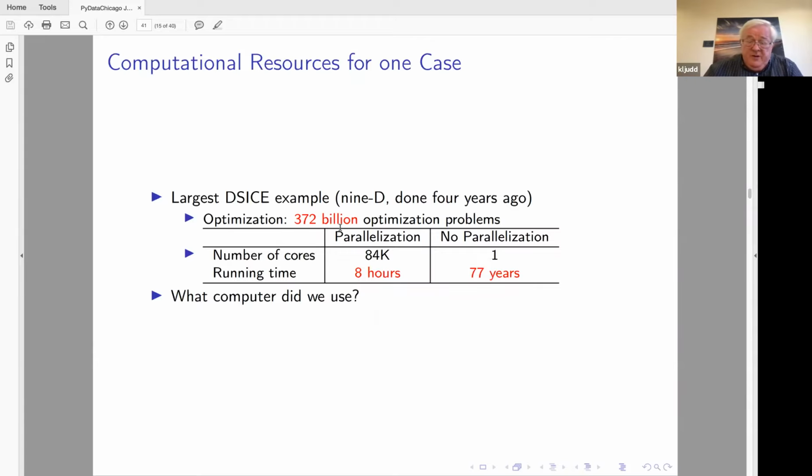We solved it with parallelization. We used 84,000 cores, which took 8 hours. If we just had a single laptop, it would take 77 years. And my postdocs wanted to get a real job before 77 years passed. I wanted to get something done too, because I'm not going to be around in 77 years.